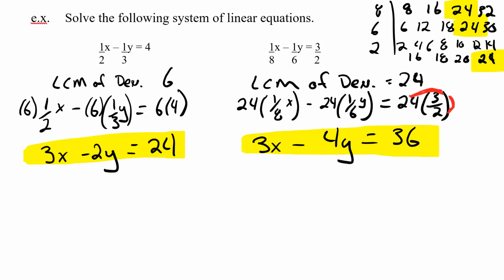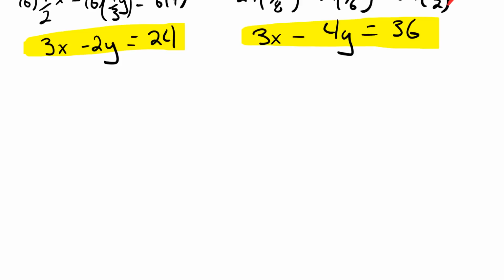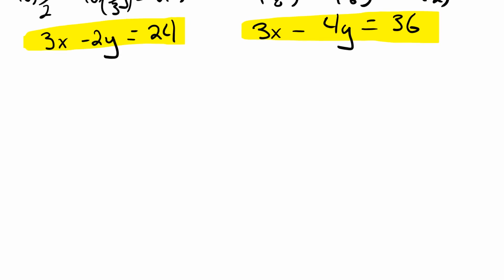Once we have them, I'm going to choose one equation and solve for one of the variables. Now it doesn't matter which one I choose at all. So I'm going to choose my first one here, and I'm going to solve for the x, or isolate the x. I like that term better, so I'll just put isolate the x. So I've got 3x minus 2y equals 24.